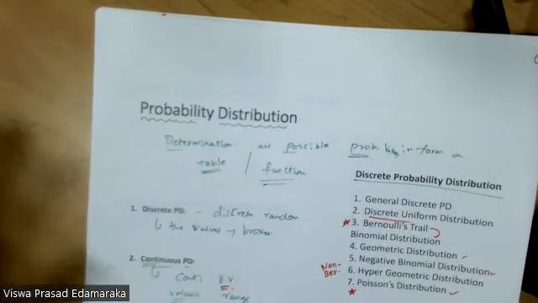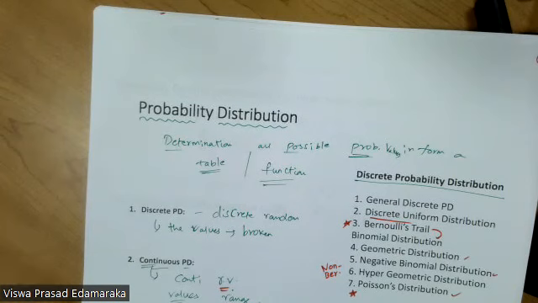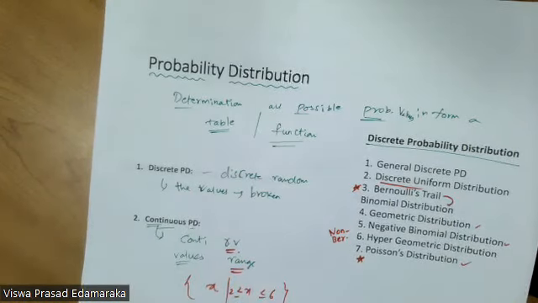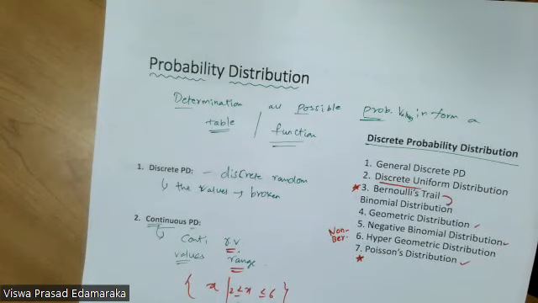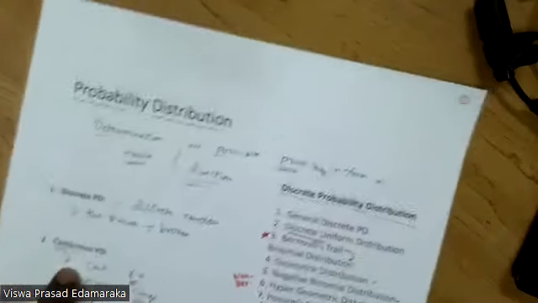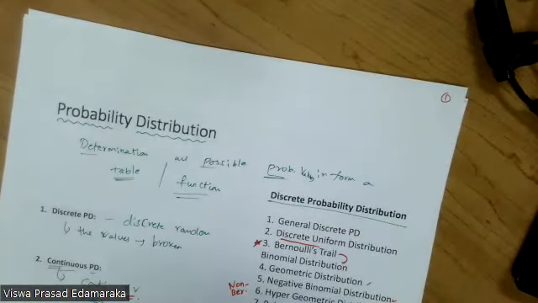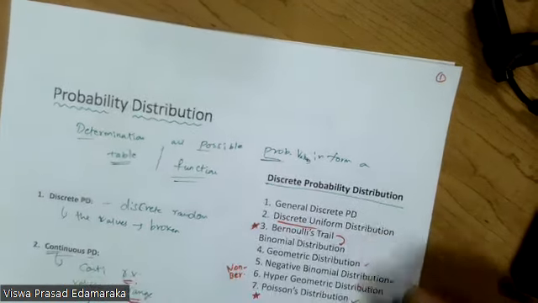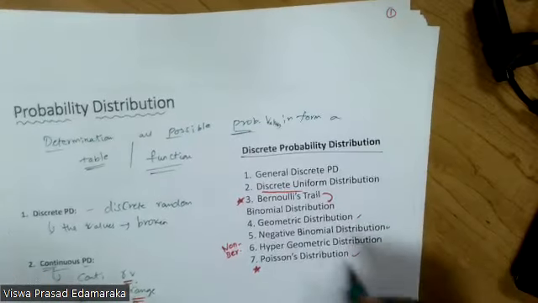A quick review. Let's see what we have studied in chapter 3. In the previous class, we have seen probability distribution, how it is distributed based on the random variable, determining all possible probability values in the form of a table or a function. It is like discrete probability distribution and continuous probability distribution. There are a few discrete probability distributions.